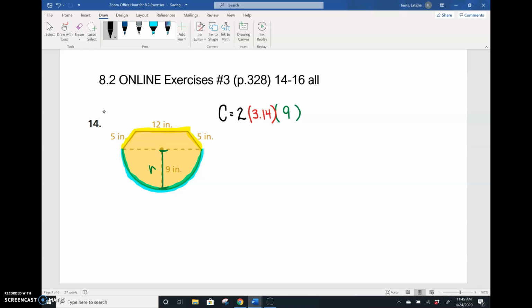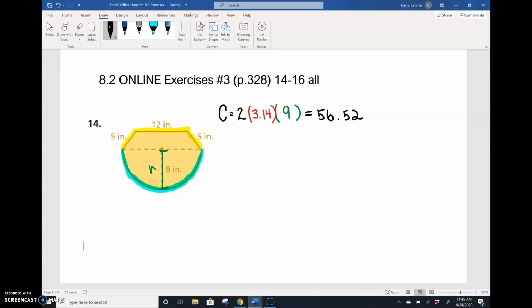All right, so those three numbers, if we multiply them together, that will give us the circumference of a full circle. So we're going to have to divide it by 2 because we only have a semicircle. But really quickly, our full circle here is 2 times 3.14 times 9. So if we had a full circle, our circumference would be 56.52.